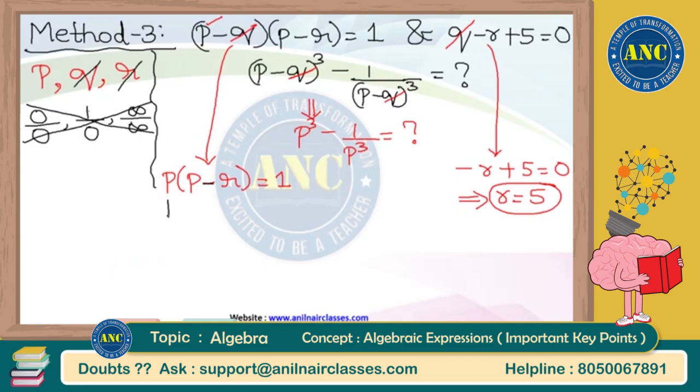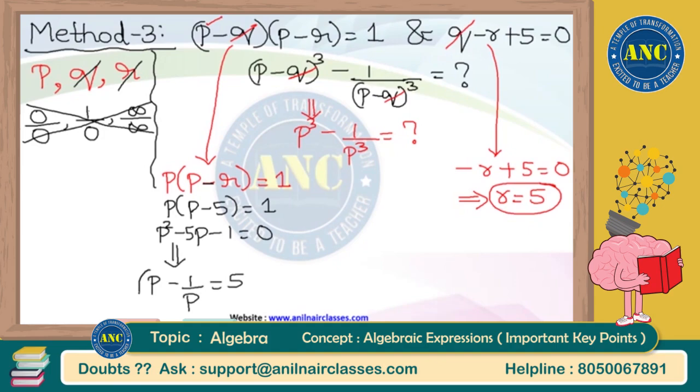Substitute it here. This becomes p into p minus 5 equal to 1, or in other language this is p square minus 5p minus 1 equal to 0, which can be reduced as p minus 1 by p is equal to 5.